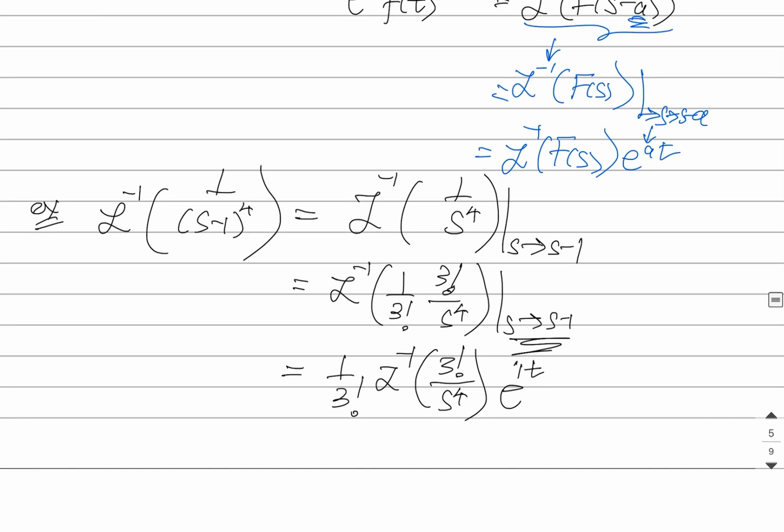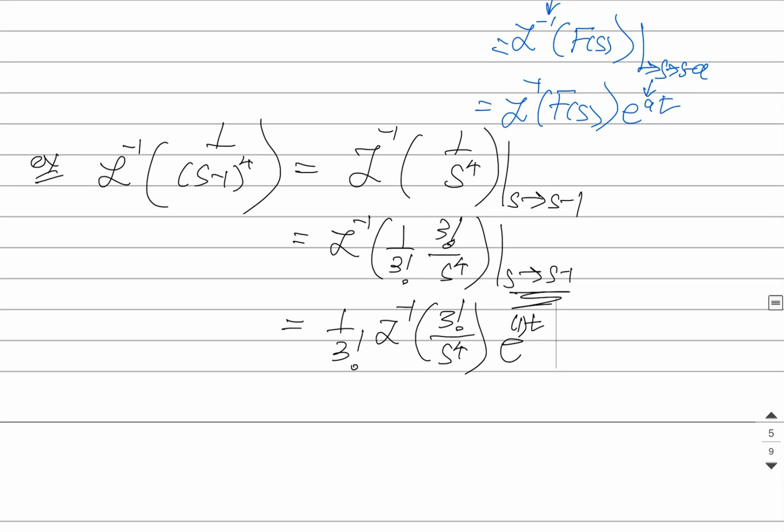So this will be e to the 1 times t. And the inverse Laplace transform here, I'm going to get 1 over 3 factorial. This is going to be t cubed e to the t. So my answer here at the end of the day is t cubed e to the t over 3 factorial.